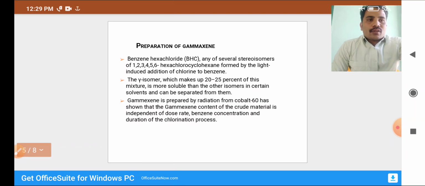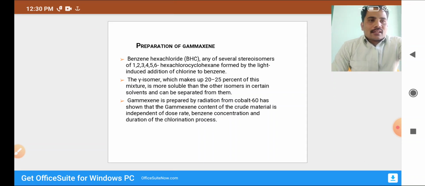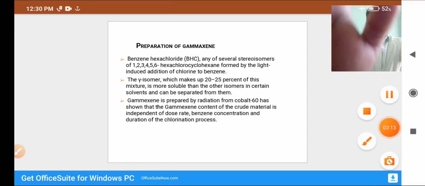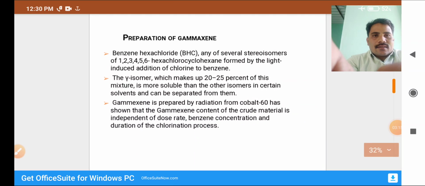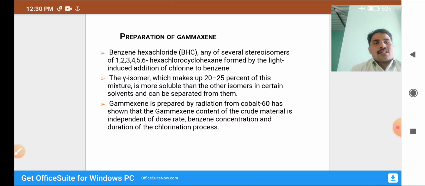Next we go through the preparation. In this reaction, benzene hexachloride forms several stereoisomers, because stereo refers to rotation of angles of 1, 2, 3, 4, 5, 6 hexachlorocyclohexane, formed by light-induced addition of chlorine to the benzene ring.